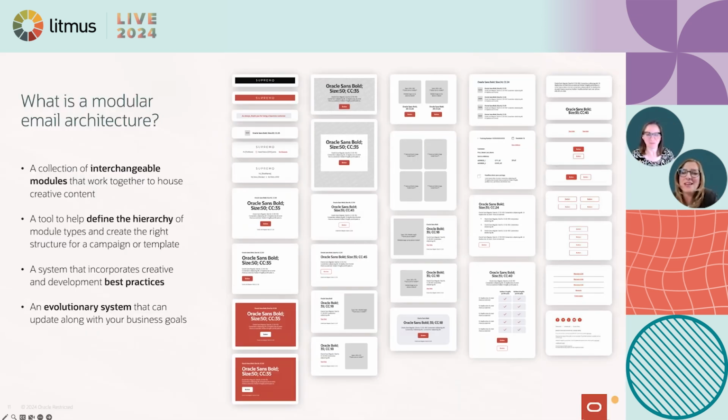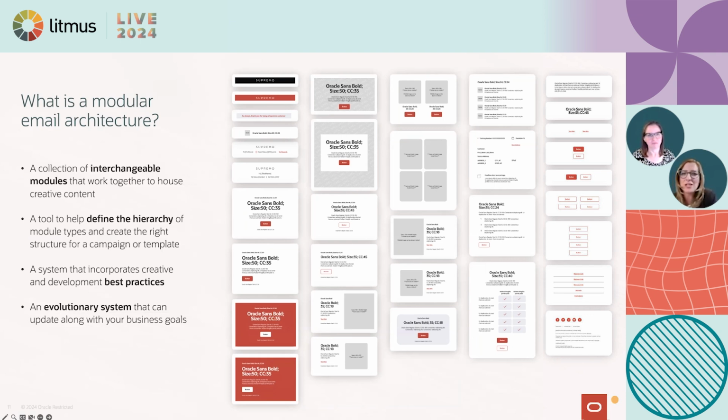Okay. So we know that not all clients start with a modular system in place. But assessing their previous campaigns or digital communications, as I said, is a good first step. By analyzing elements like colors, fonts, live text usage, and CTA formatting, we can identify the building blocks of their design language.